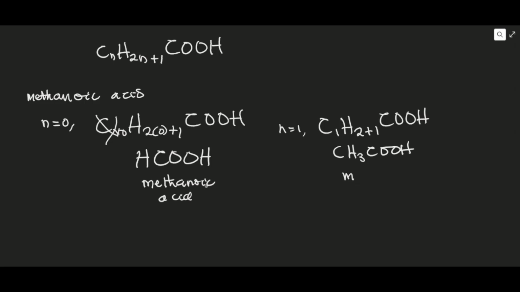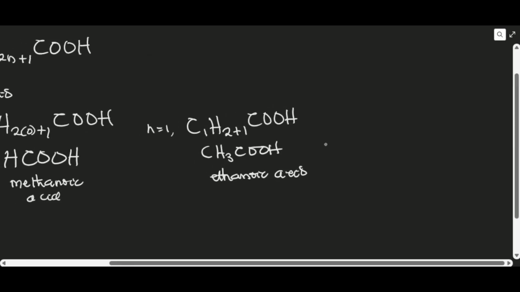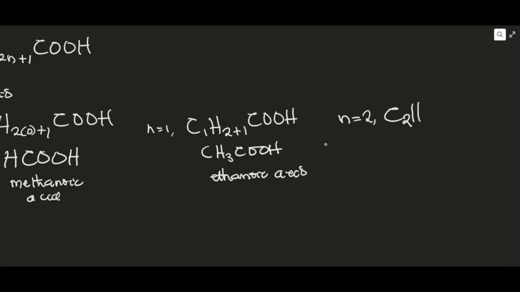This is ethanoic acid. The third family member is when n equals 2. So we're going to have C2H5COOH, and that will be propanoic acid.